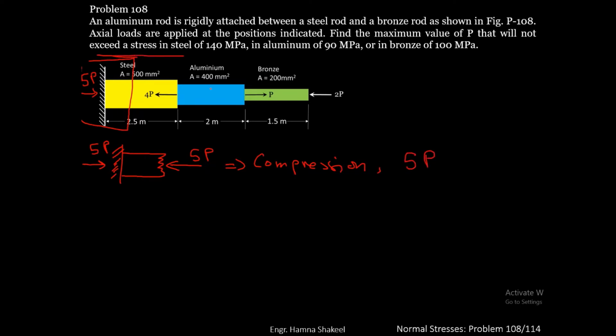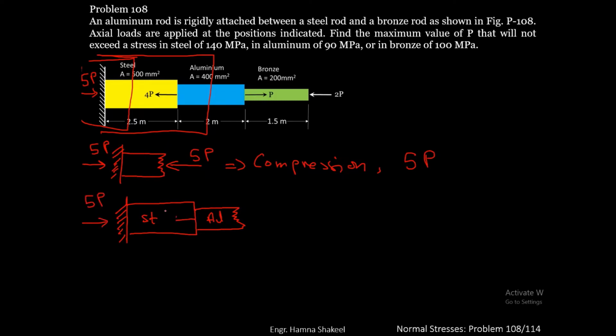For the free body diagram of aluminium, here you have the rigid support, then you have steel, and then you have aluminium. So this is steel, this is aluminium, a force of 5P here, a force of 4P at the junction between steel and aluminium.